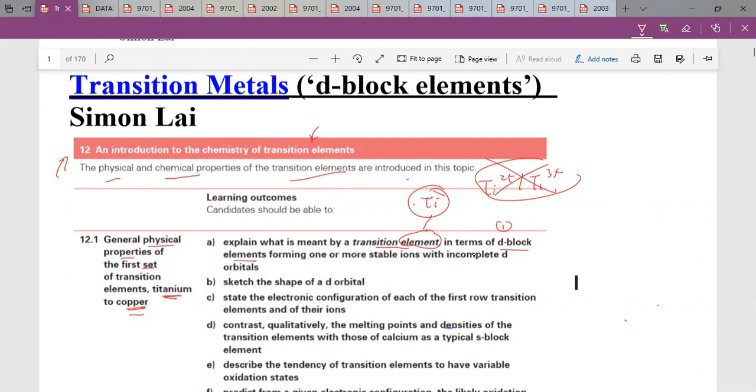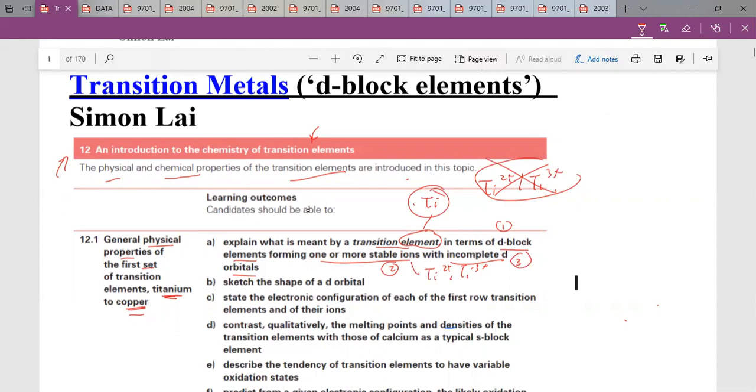Number two, they must form one or more stable ions, like Ti2+ or Ti3+. And the ions must have incomplete d orbitals. So that's the three points for this definition.